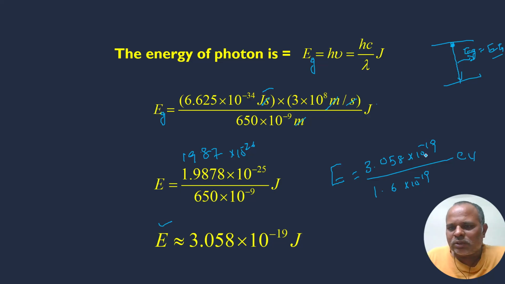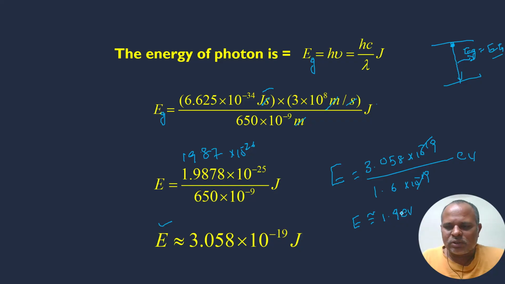This will give you electron volts. Now you cancel this one. Now if you calculate this one, approximately 1.9 electron volt. This value will be in electron volts, and the other will be in joules.